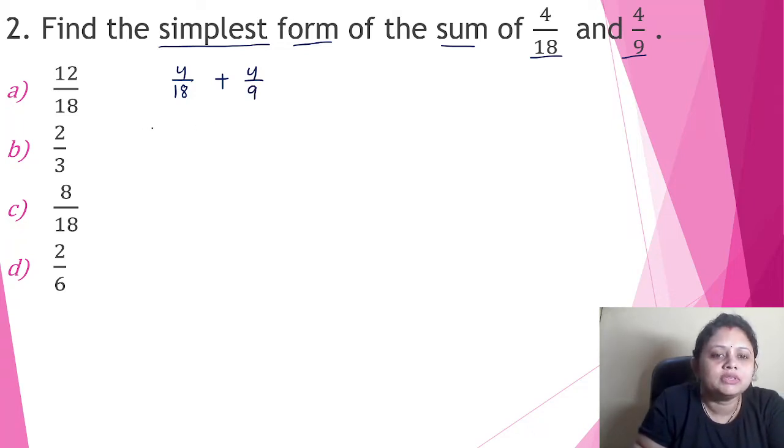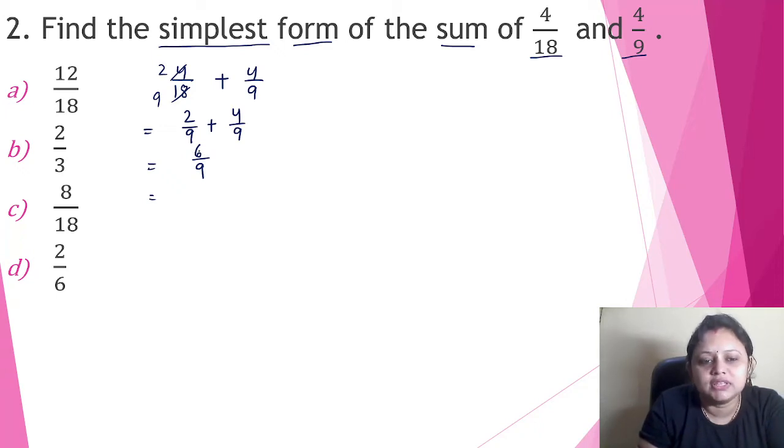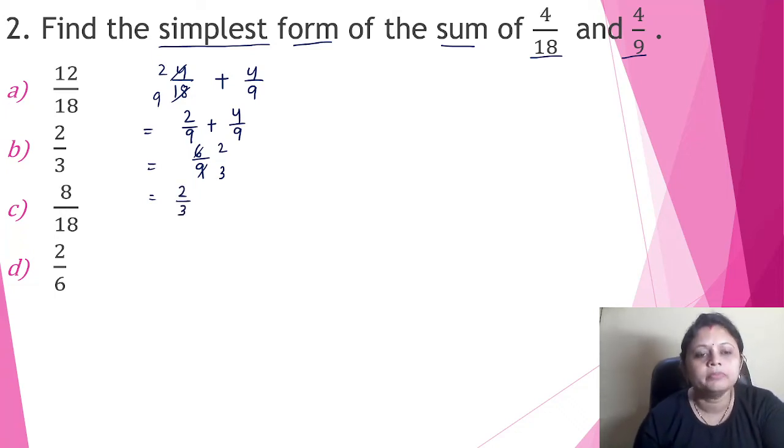If we simplify it, 4 by 18 will be cancelled with 2, so it will be 2 by 9 plus 4 by 9, that is equal to 6 by 9. And if we simplify it, it will be cancelled with 3: 3 2s are 6, 3 3s are 9. So it will be 2 by 3. So the sum of 4 by 18 and 4 by 9 is 2 by 3. So the correct answer is option B.